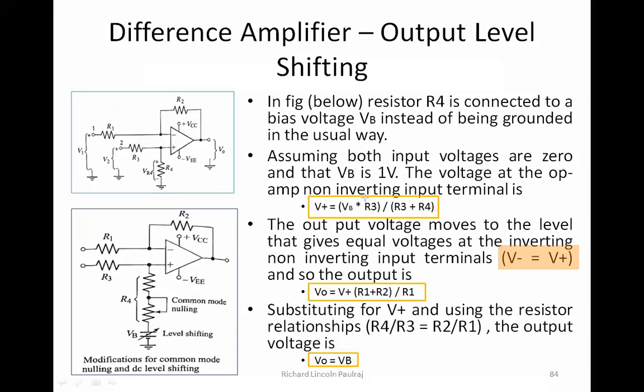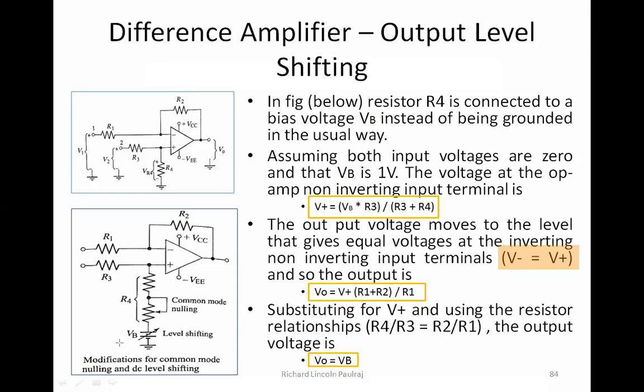Remember these formulas: V plus is dependent on R3 and R4, and V naught is dependent on R1 and R2. When I have proper resistor ratios, I can make sure my output is equal to VB.